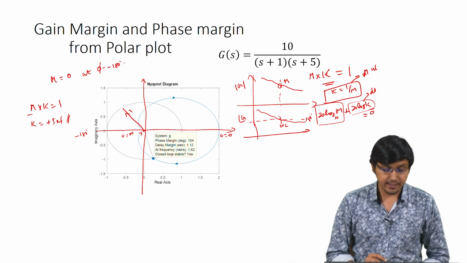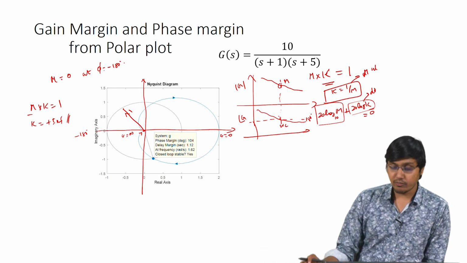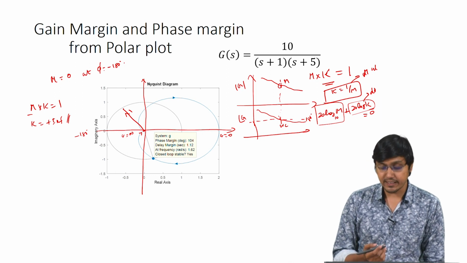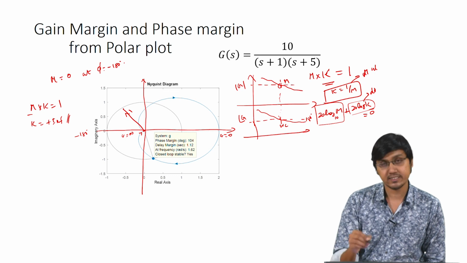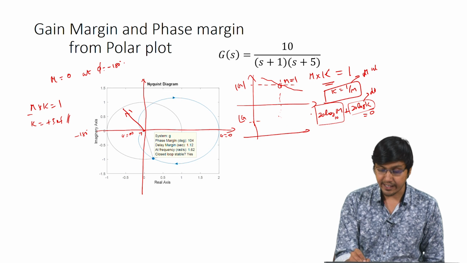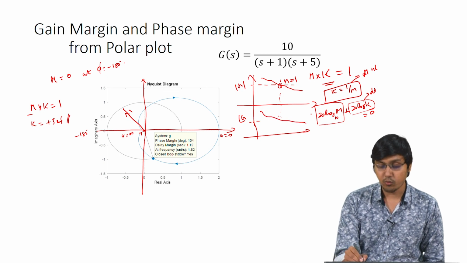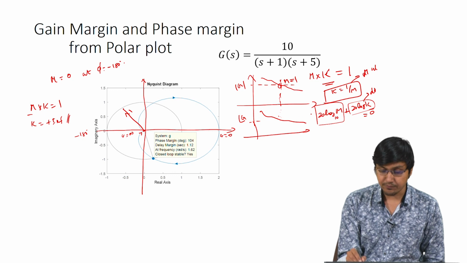And then with regard to the phase margin, what is the phase margin? Phase margin is when I have a magnitude of 1. So, now I have a magnitude of 1 here and I have the phase plot here. What is the shift I have to do in this phase plot, so that this system will become unstable?